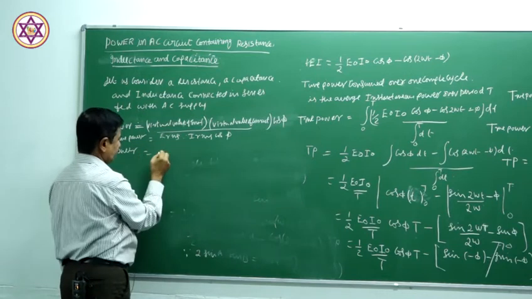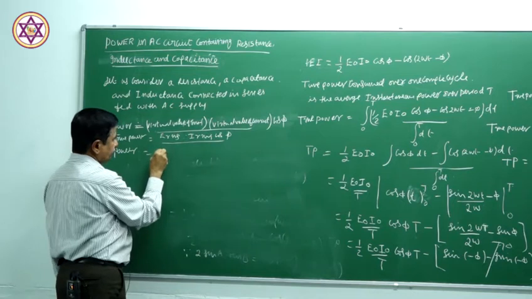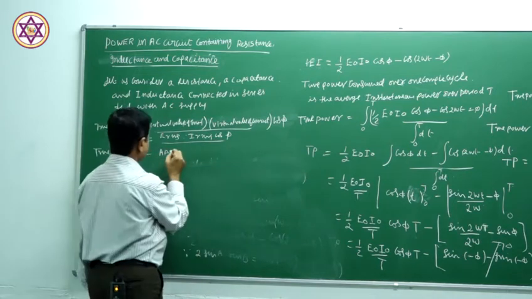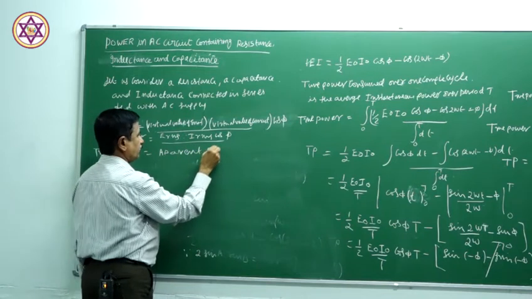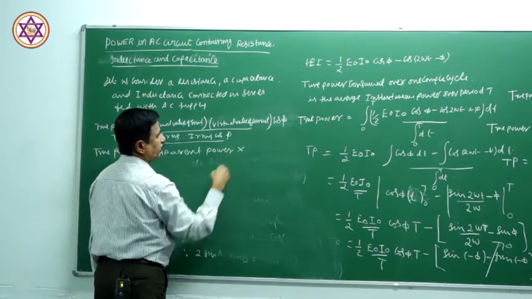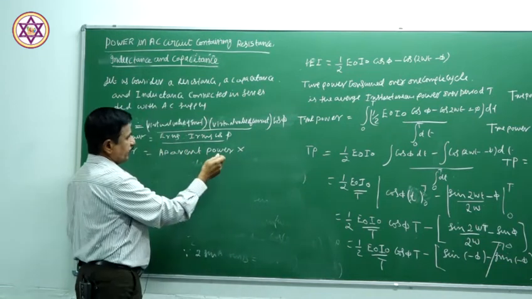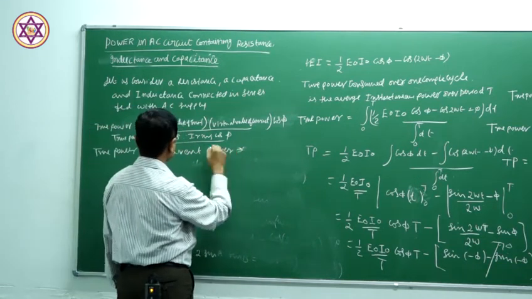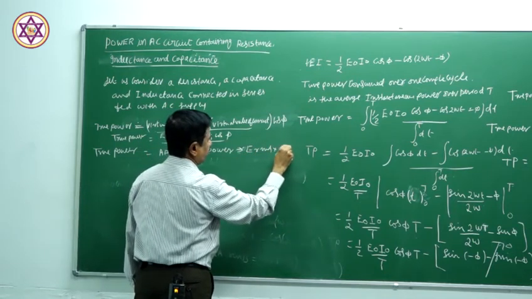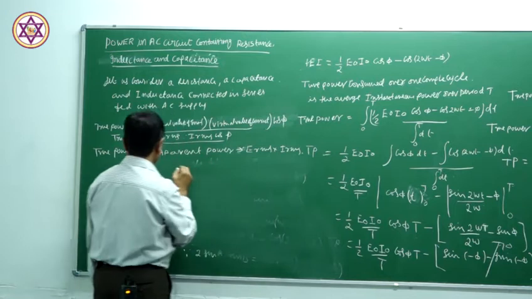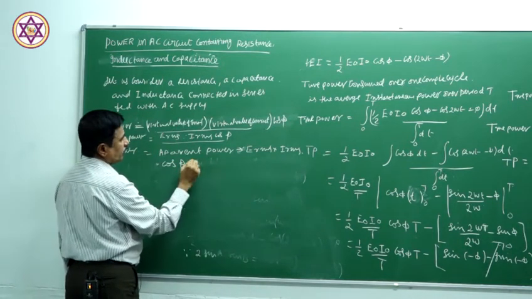This represents apparent power. So what does apparent power represent? This value E RMS into I RMS is the apparent power, and cos phi represents what? Power factor.